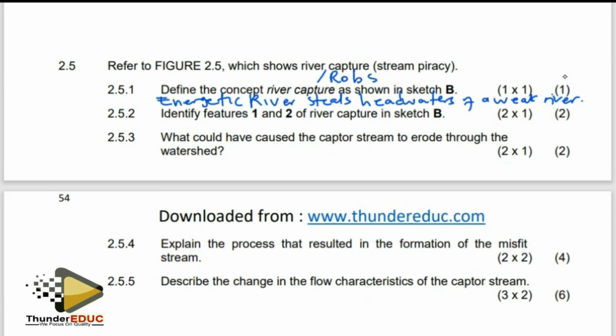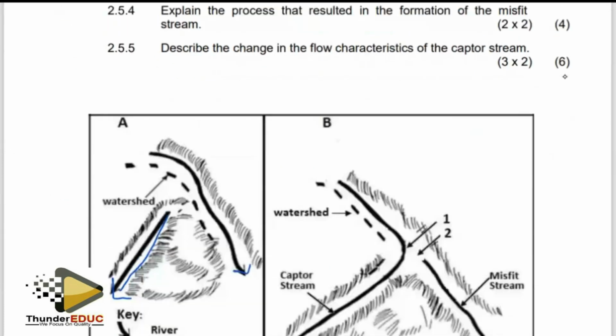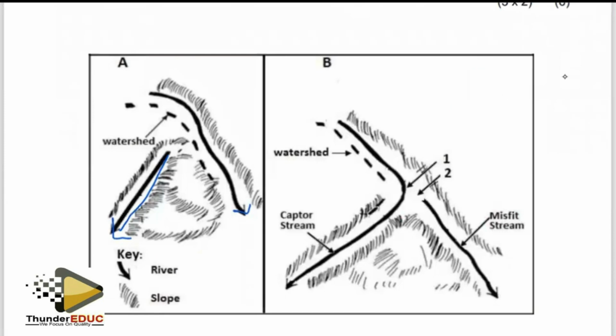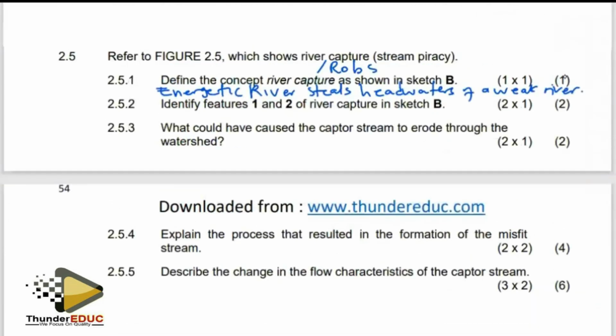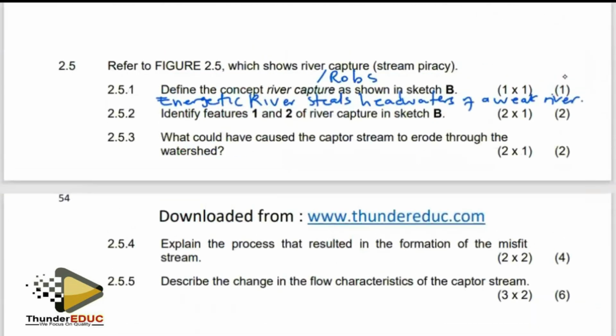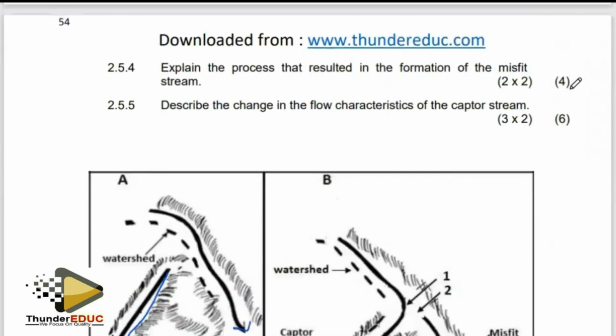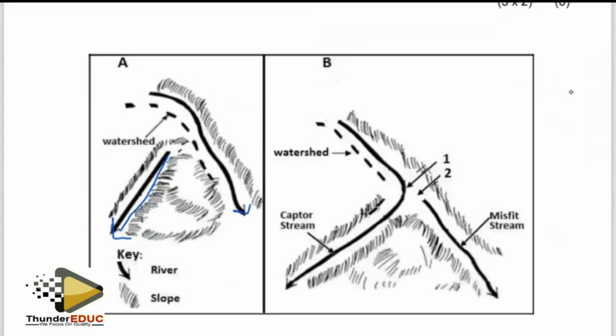Identify features 1 and 2 of river capture in sketch B. So feature 1, that is going to be the elbow of capture. What do you call the elbow of capture? As you can see, it forms an elbow, so there is a curving here. The elbow of capture is the point where capturing took place.